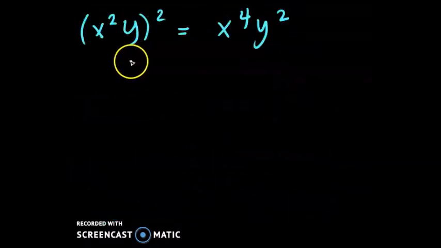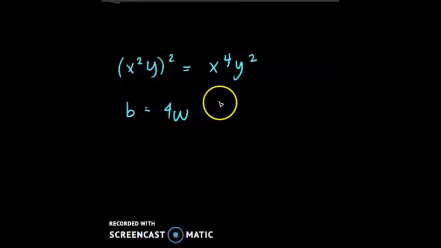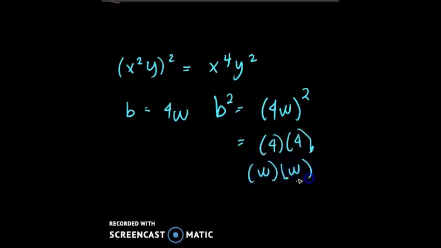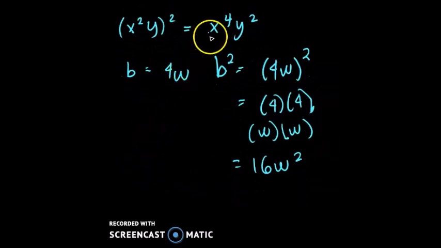Again, b is 4w. In the second term we must square this one, so b squared, 4w raised to the power of 2, and this will give us 4 times 4, which is 16, and w times w, which is w squared. So 16w squared.